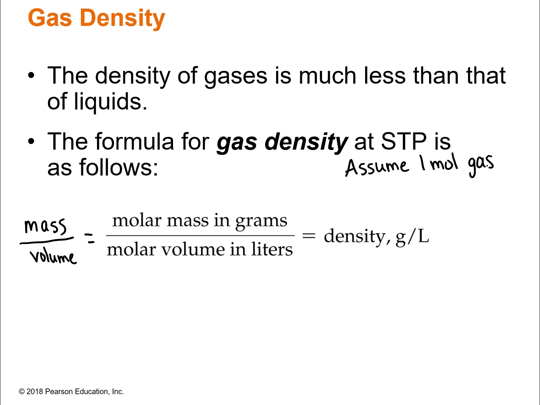And the volume is going to be 22.4 liters, which is the molar volume. The other thing you're going to want to note is the units. We're in grams per liter. That's another way that you know you're talking about a gas.